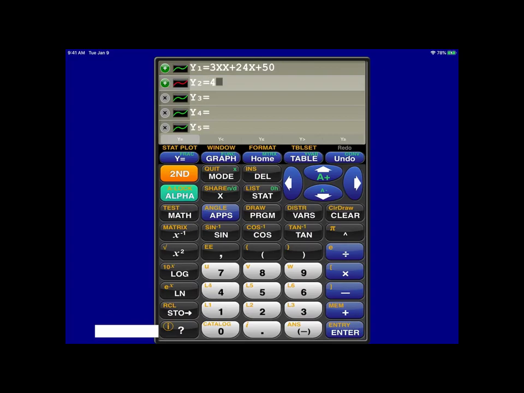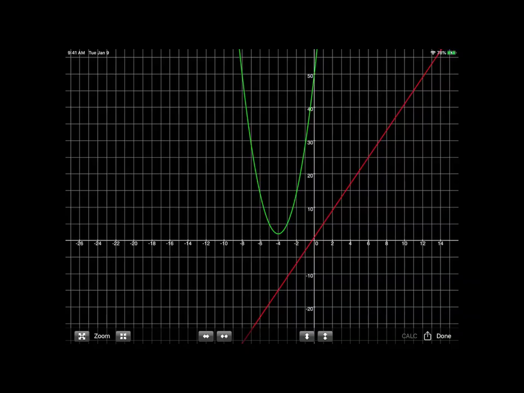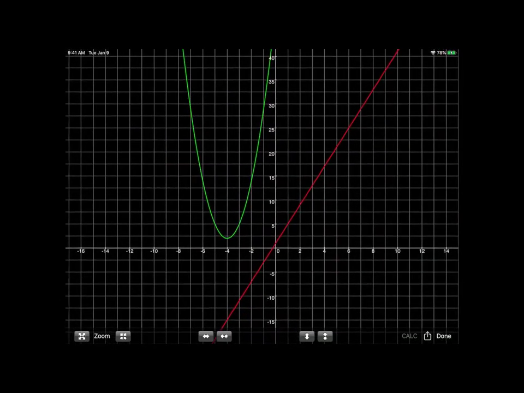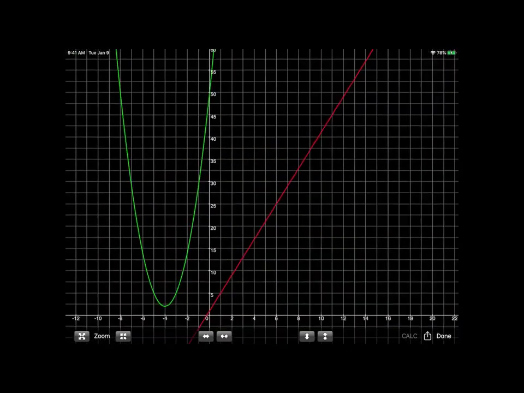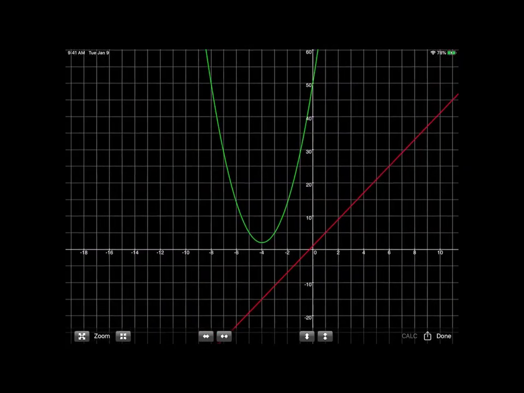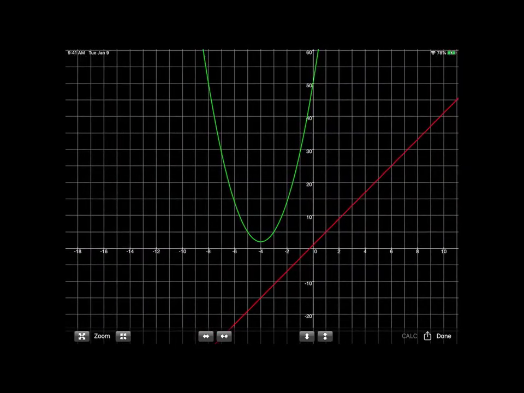I got 4x plus 1. Then you press graph. In a regular graphing calculator it's in the top right, but this one is above mode, so you just press graph. And there's my graph. Does that look like ours? The 50 up here was the y-intercept, and the graphs won't intersect. We saw that based off of the discriminant.